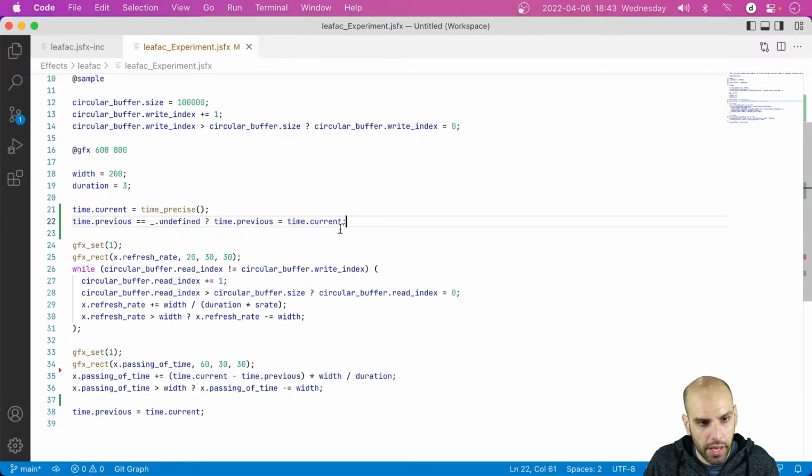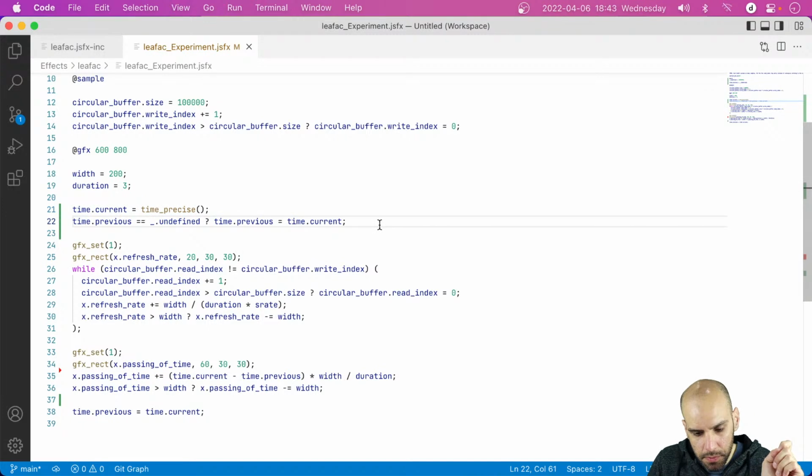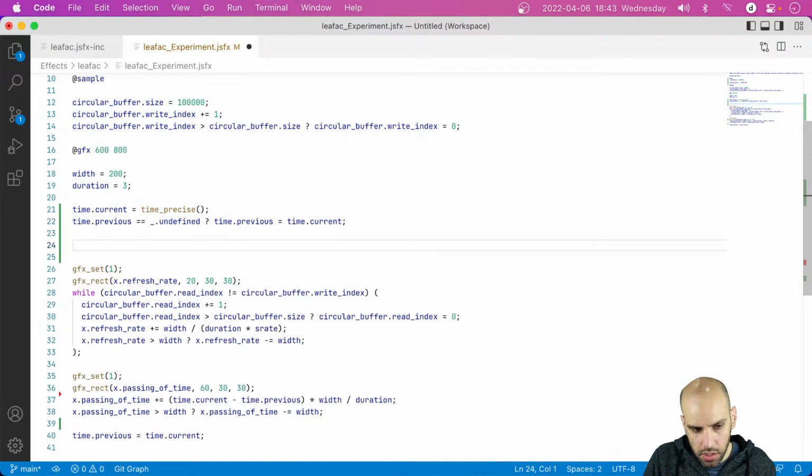What's next is we have to know how many samples we are supposed to read given that this time has passed. So let's compute the variable whose name is how many samples should we read at most given the time that has elapsed.